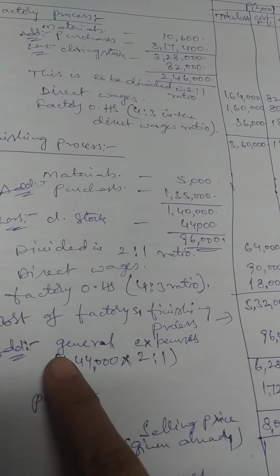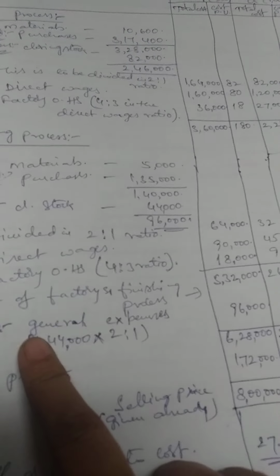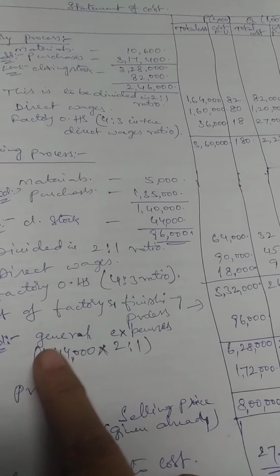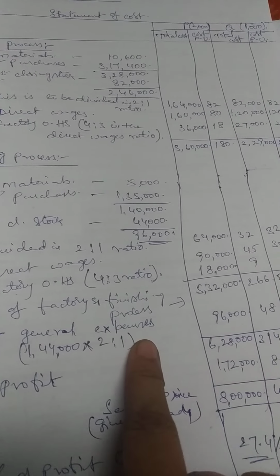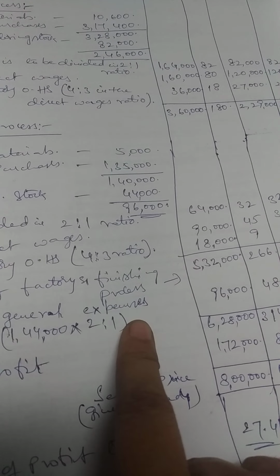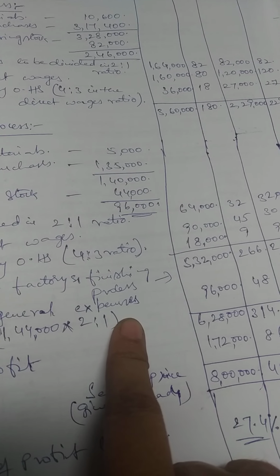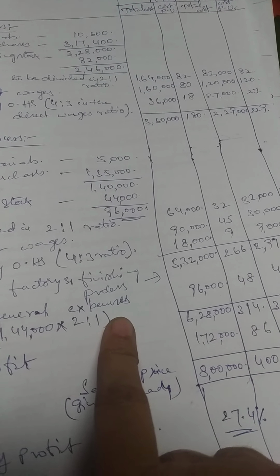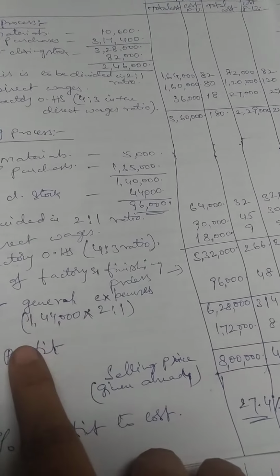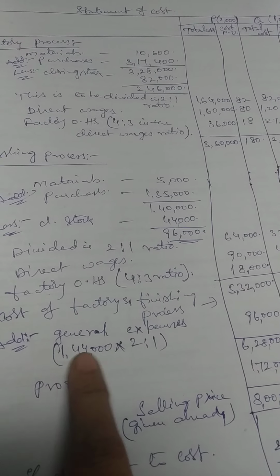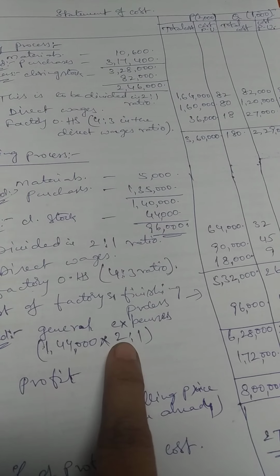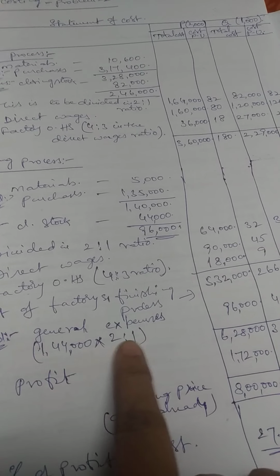And one more thing is, after finishing this, he has given general expenses. It was given in the problem that general expenses are treated similarly, so which is to be apportioned in the ratio of output.